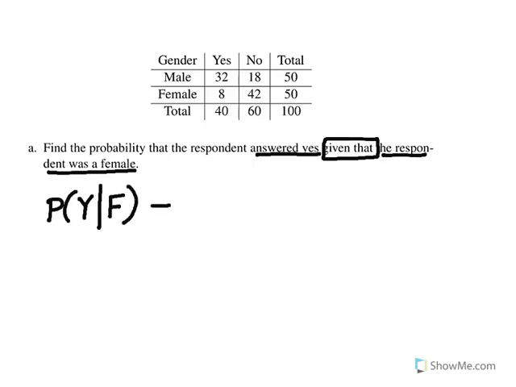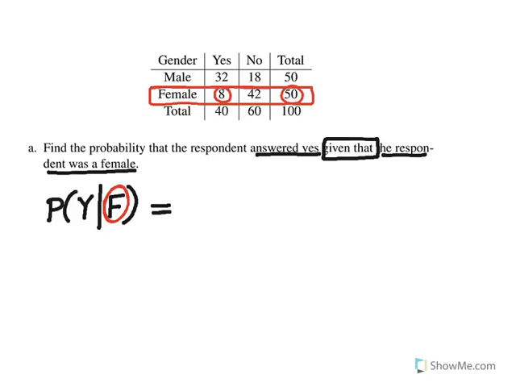When you have a conditional probability like this, you always look at the given. The given is that it's a female. So this is the row of females. So you pay attention to only this. We have 50 females and 8 of them said yes.